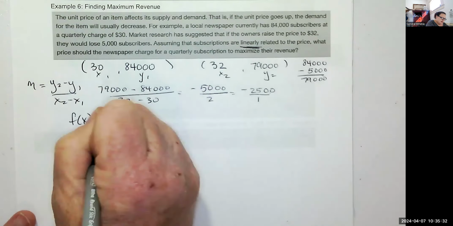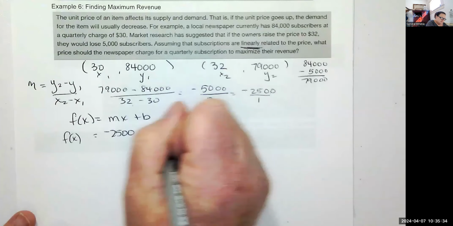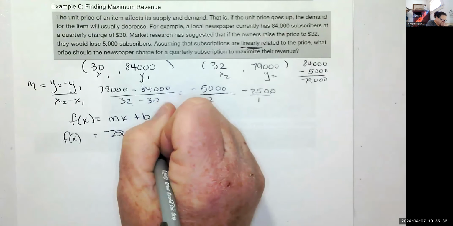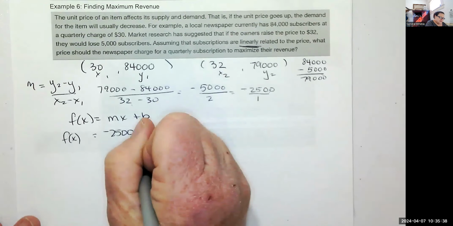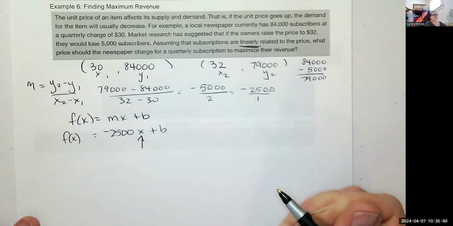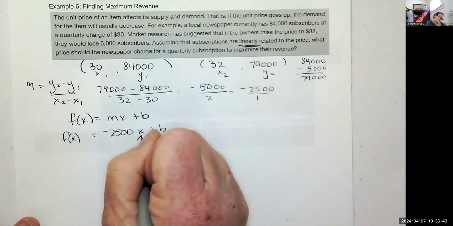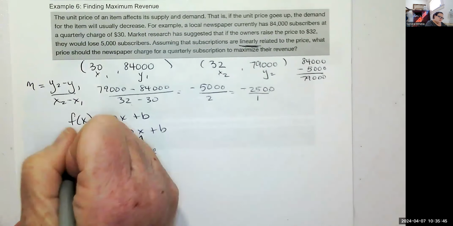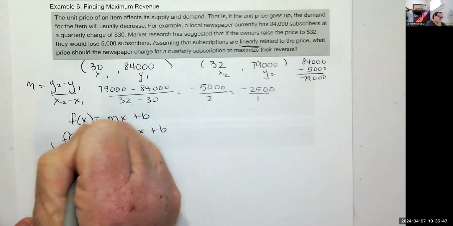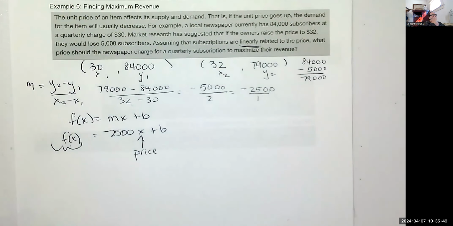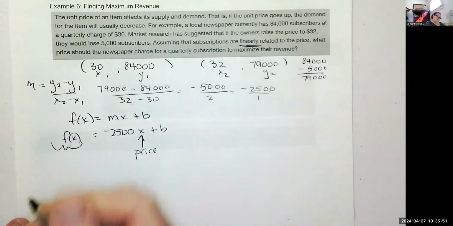I need to label what my f of x and my b and my x are. My x is going to be my price per dollar, so price. And then this is going to be my subscriptions.